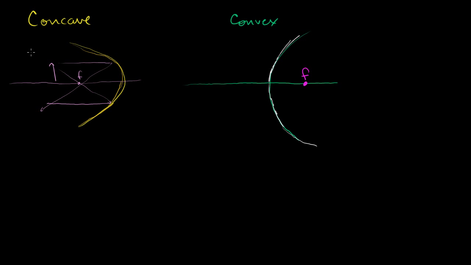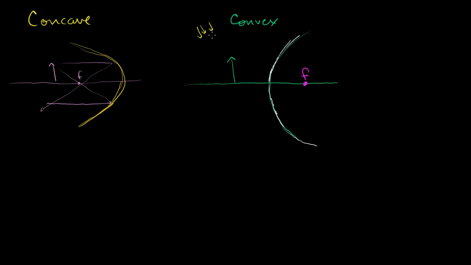And let's think about what would happen if I put an object over here on the outside, assuming that this is a reflective surface. So let's do the same exercise. But what we're going to do is have one parallel ray. And you can do this once again for rays that go in any direction from any of these points, because there's some light source over here.